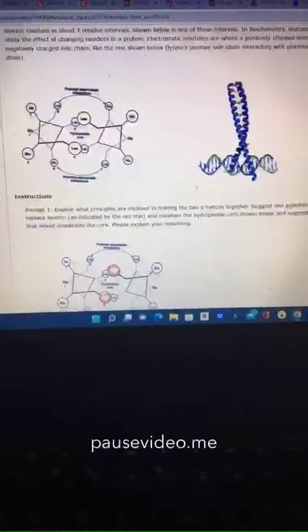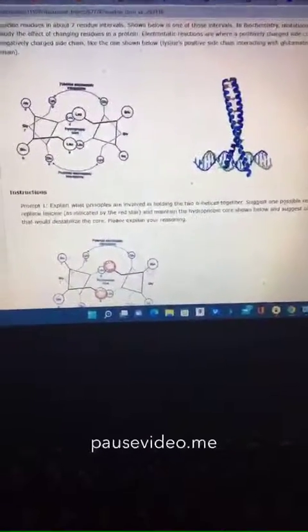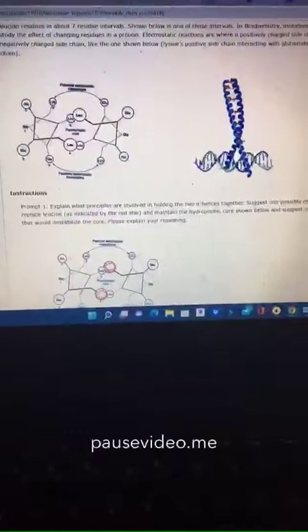The first thing we're asked to do is talk about the principles of holding the two alpha helixes together. The main force holding the alpha helix together is the hydrogen bond.